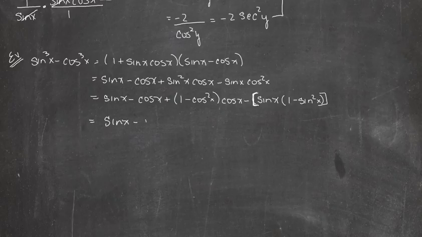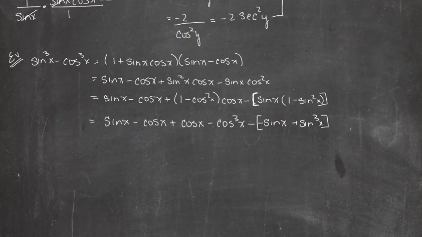Sine x minus cos x plus, not 1, plus cos x minus cos cubed x. Oh, that looks good. Minus, protecting the negative sign, sine x minus sine cubed of x.